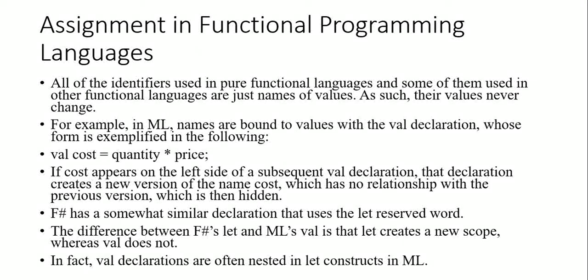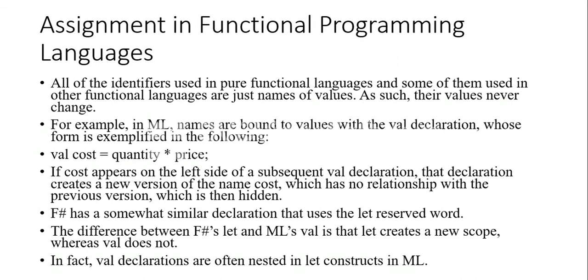For example, in ML, names are bound to values with the val declaration, whose form is exemplified in the following: val cost = quantity * price. So in ML, names are bound to values with the val declaration. So what happens?